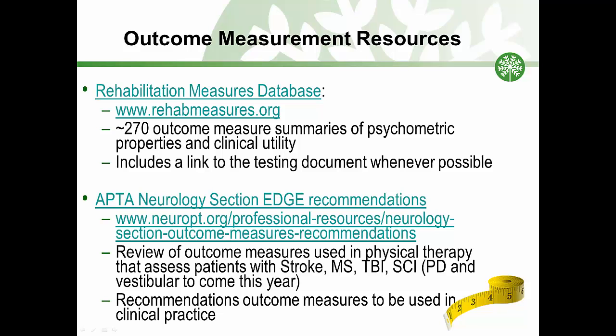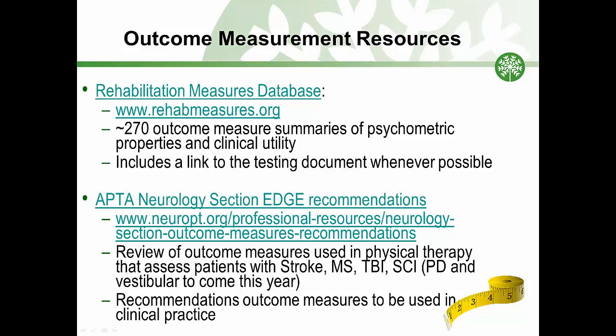Recommendations were also made for each measure's use in research and the education of entry-level DPT students. Although this was developed by physical therapists, their outcome measure reviews and recommendations may be of interest and use to clinicians in other disciplines, including occupational therapy, recreational therapy, and speech therapy.